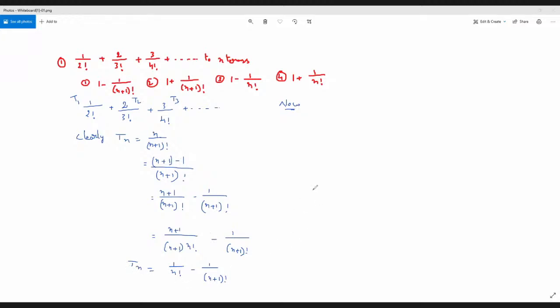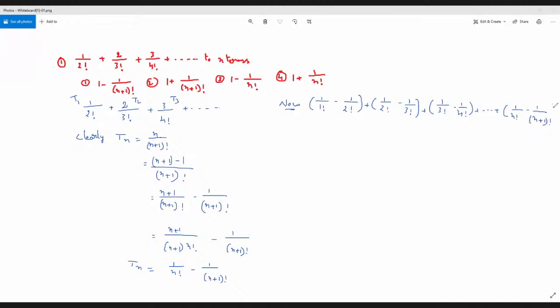It is 1 by 1 factorial minus 1 divided by 2 factorial. It is only the first term. Second term, 1 by 2 factorial minus 1 divided by 3 factorial, plus third term is clearly 1 by 3 factorial minus 1 by 4 factorial plus and so on. The last term, that means nth term, is 1 by n factorial minus 1 by n plus 1 factorial.